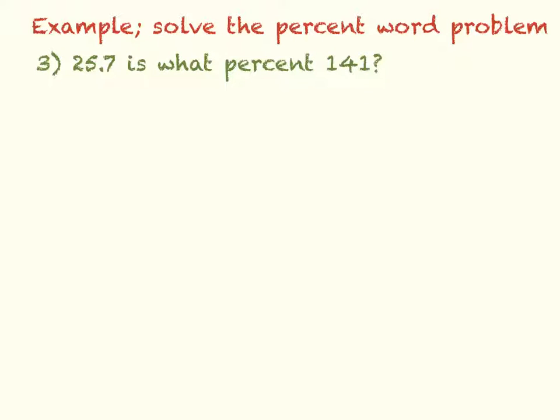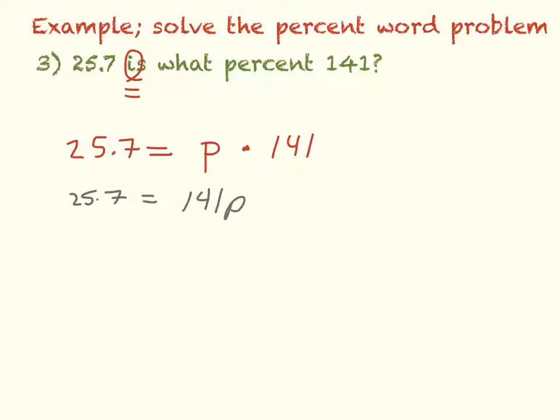For this third example, we have 25.7 is what percent of 141. So "is" means equals, so 25.7 equals what percent, P, of 141, so times 141. So I'm going to rewrite this as 25.7 equals 141P.